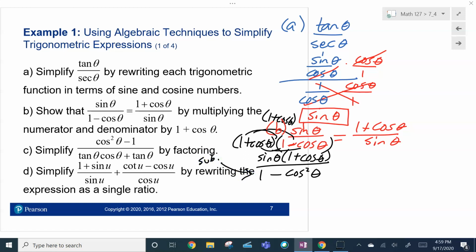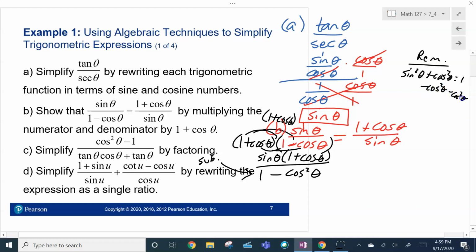Remember, sine squared plus cosine squared is 1. So what is 1 minus cosine squared? If I subtract cosine squared from both sides, sine squared is the exact same thing as 1 minus cosine squared theta, from our Pythagorean identity.